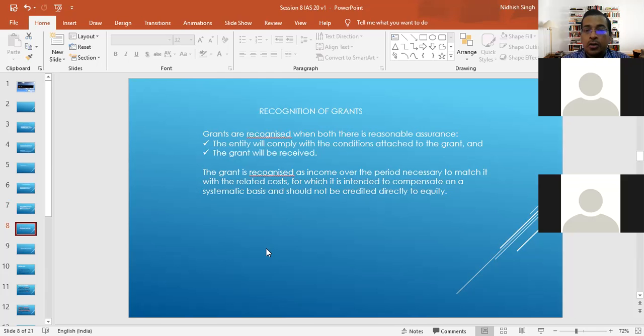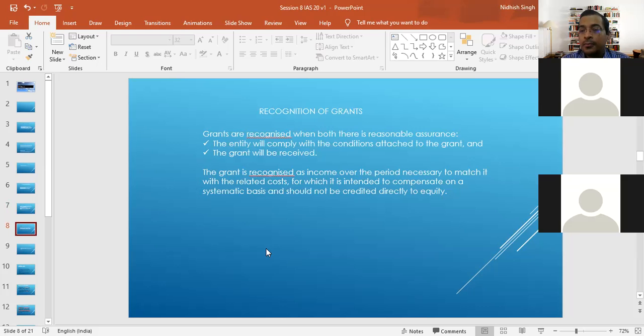If you think about it, the government or the bank can even ask for the grant back if you do not complete the project, right? So one needs to be more careful that the project is making the right progress, and if there is any doubt that the project might not be completed, then do not recognize the grant.